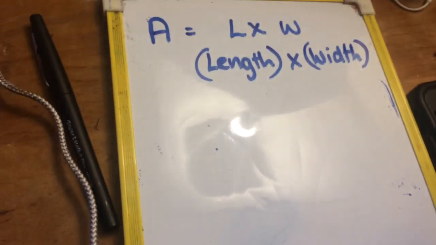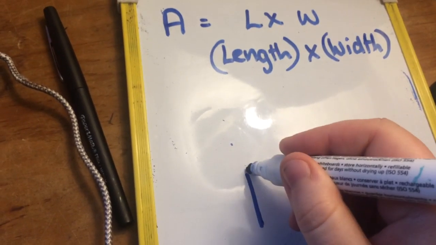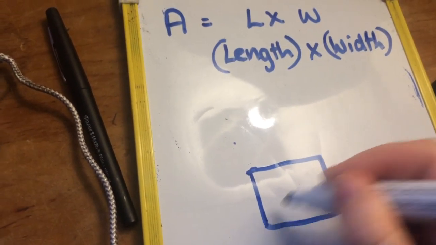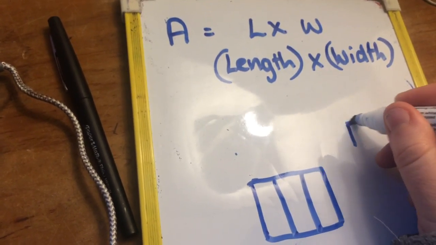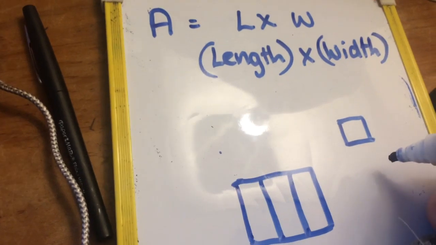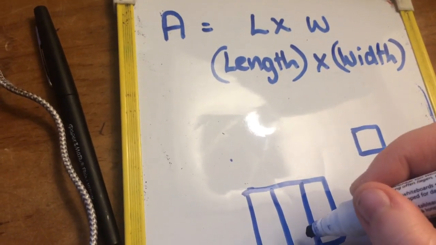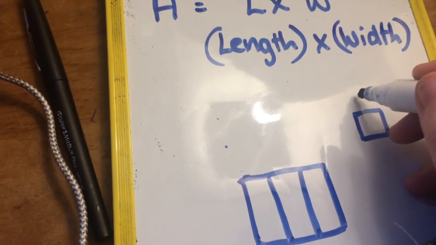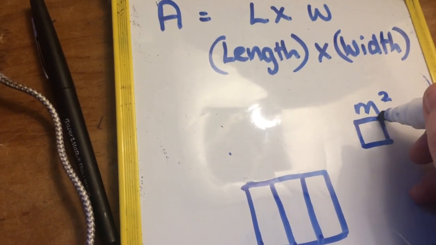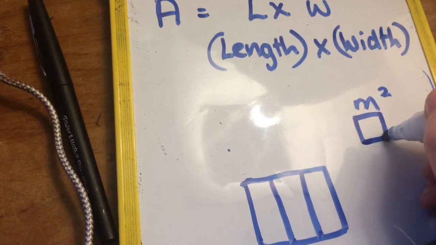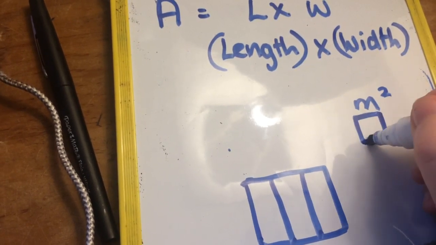Just to recap, like you used to learn back in 5th class, it's measured in square centimeters, square meters. We'll say for the sake of this that this is a wall and this is a square meter. Each way around this square is 1 meter, 1 meter, 1 meter, 1 meter.